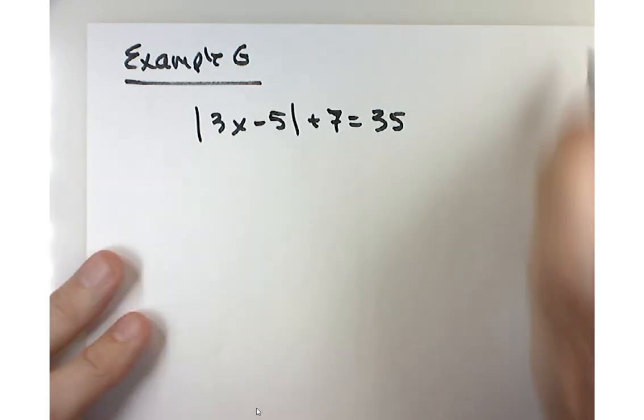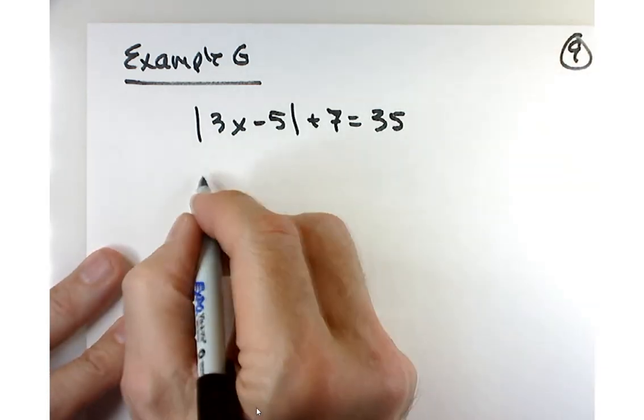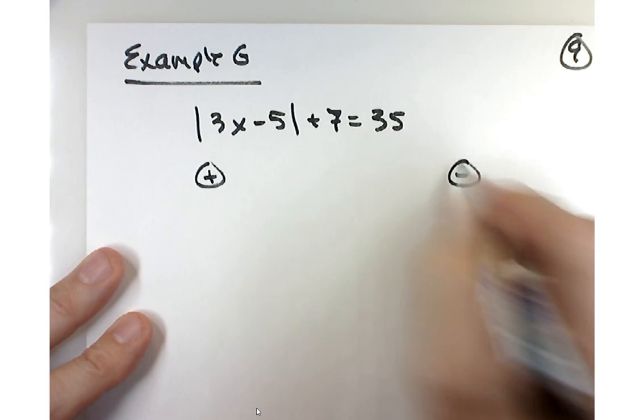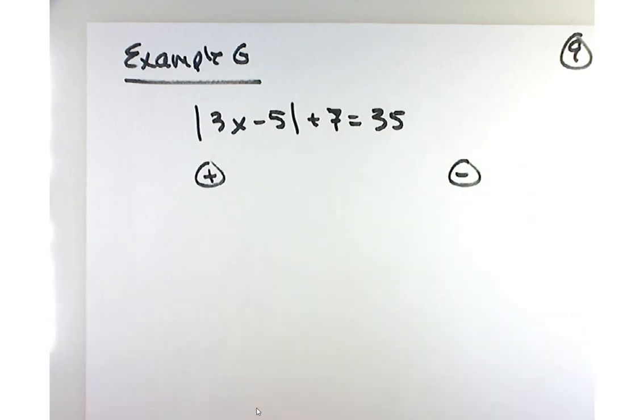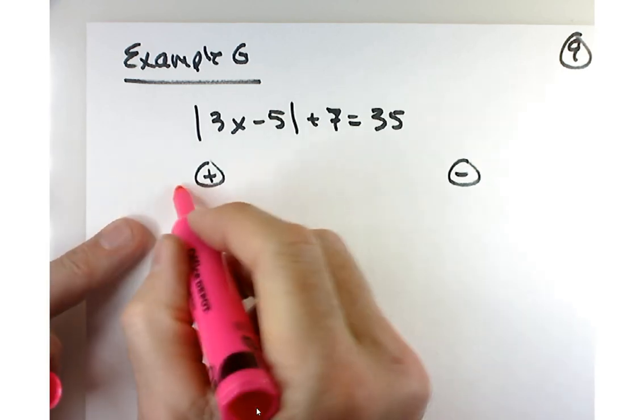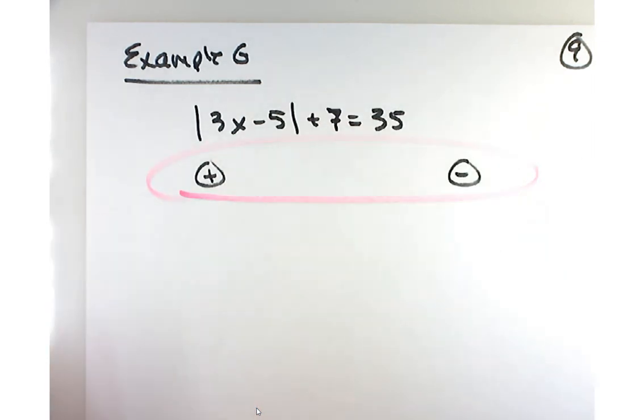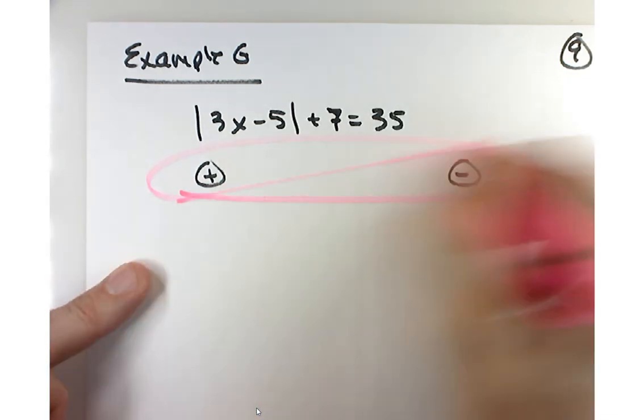So going back to hopefully some more familiar territory. Ooh, I'd be wrong to set up a positive and negative case right away. Why is that? Get rid of the absolute value. Yeah, you got to get the absolute value by itself first.